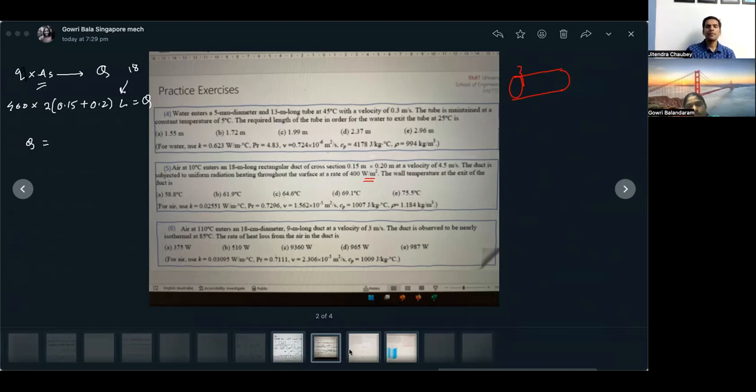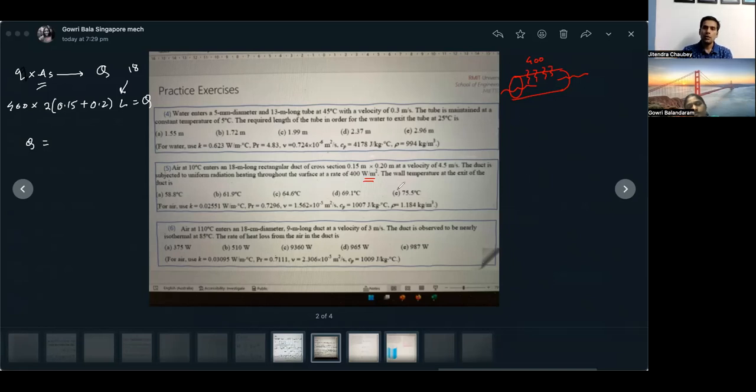So it is transmitting heat to the fluid per unit area, given as 400 watt per meter square. At every meter square, 400 watt of heat will be absorbed in the air.